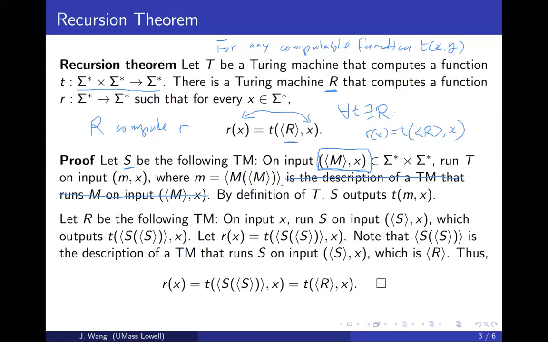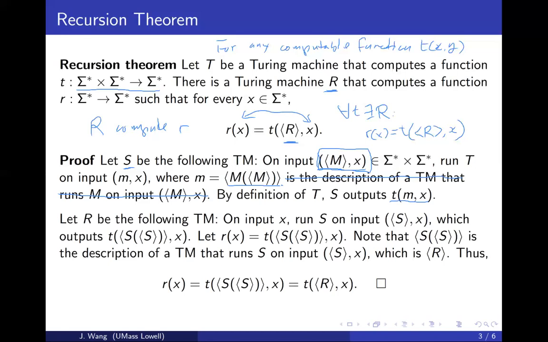Then we run T on small m comma x, where small m is the encoding of M, with the encoding of M itself as input. So that's what S does, and it outputs T of small m comma x.